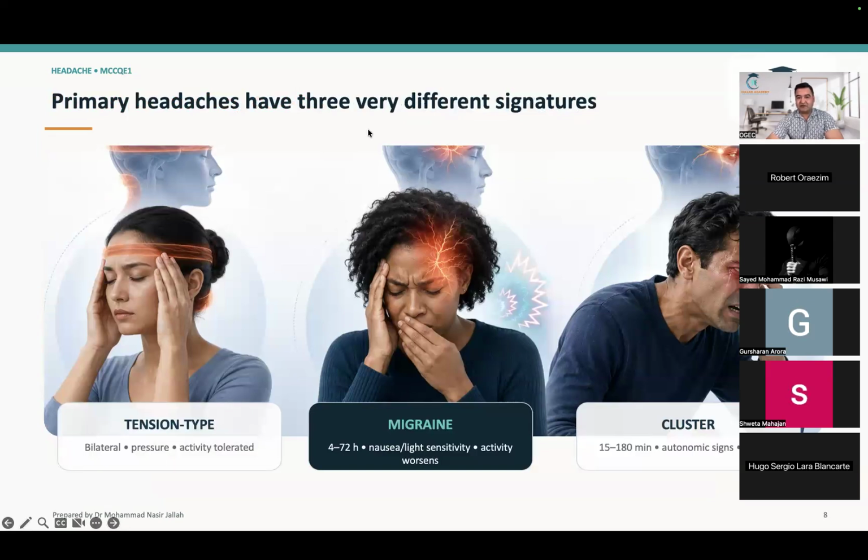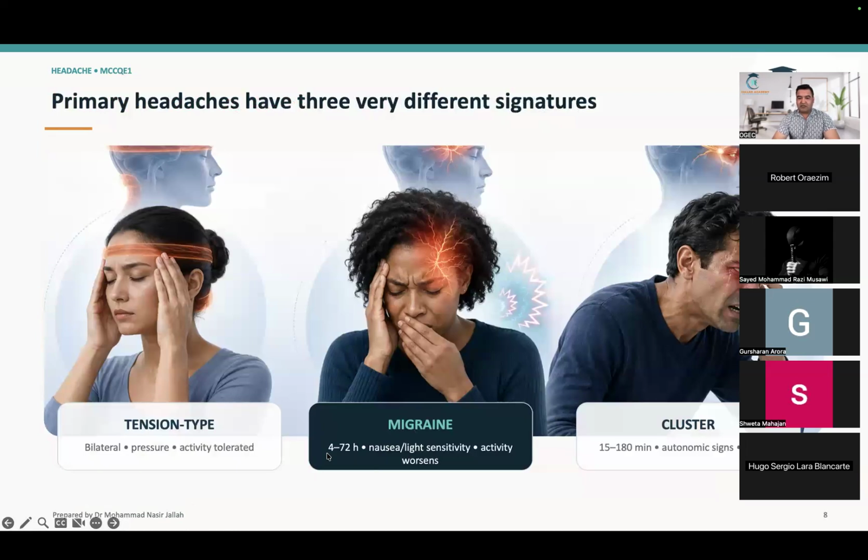Primary headaches have three very different signatures: tension type, migraine, and cluster. The tension type is bilateral, like the way you can see it here. It's like a band-like headache, pressure, activity tolerated. It means the patient is still active, is working, and it could last maybe days.